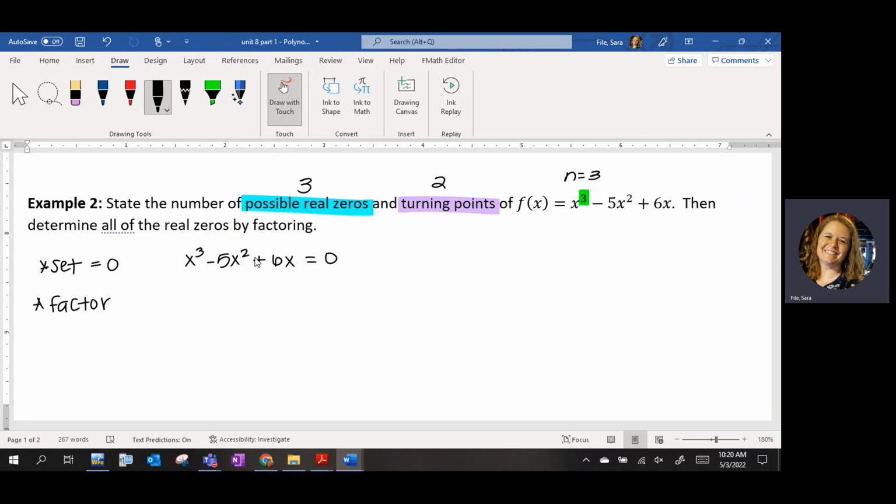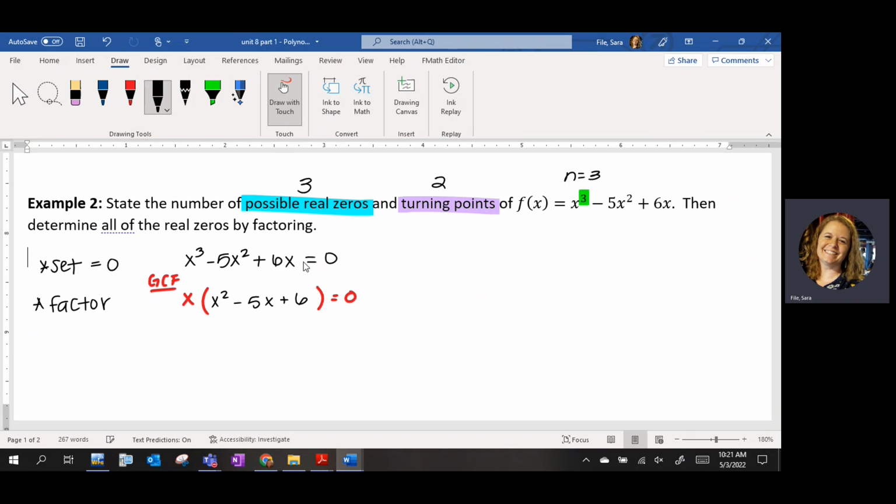What do you notice among all of these terms? There's definitely a GCF in this one. If I take out an x, what is that going to leave me with? That would be x squared minus 5x plus 6.